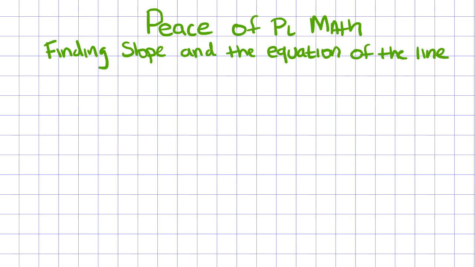So it's just a quick recap here. We'll be using points plotted on the Cartesian graph, x1, y1, x2, y2, which are pairs of points.